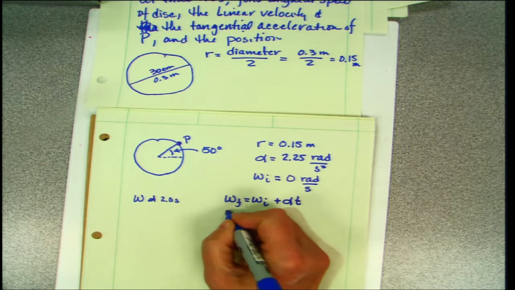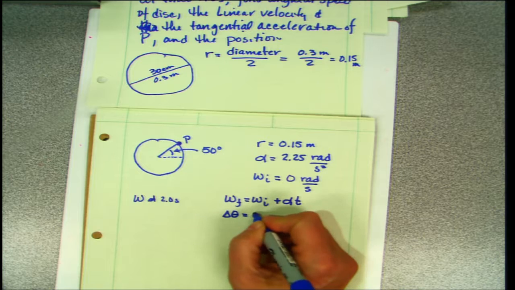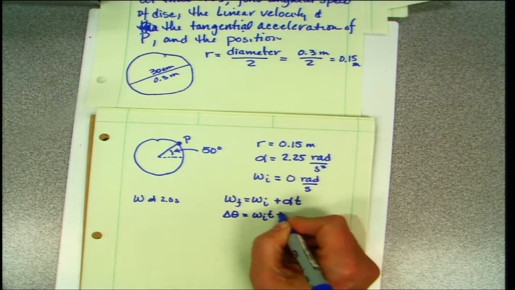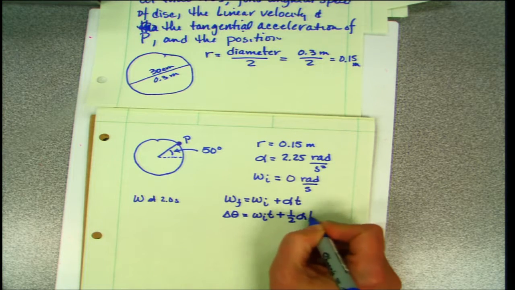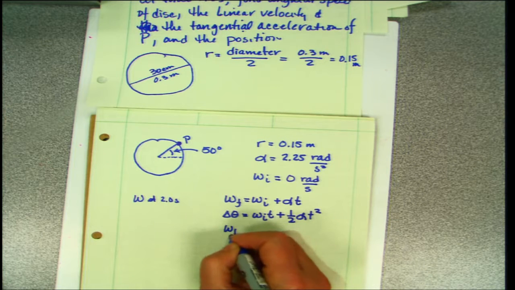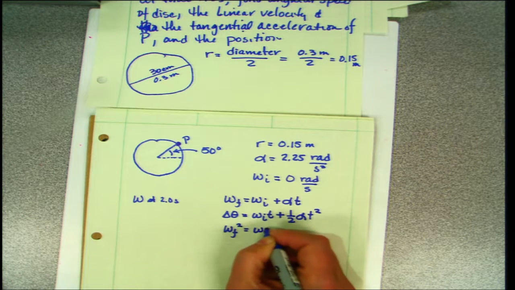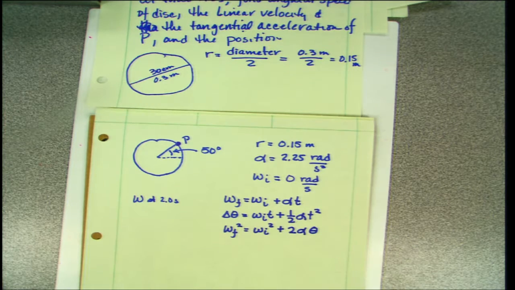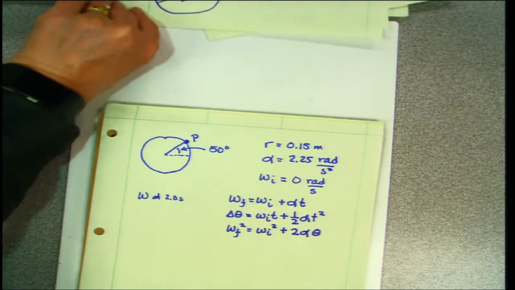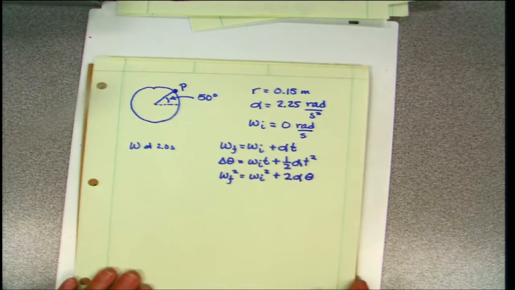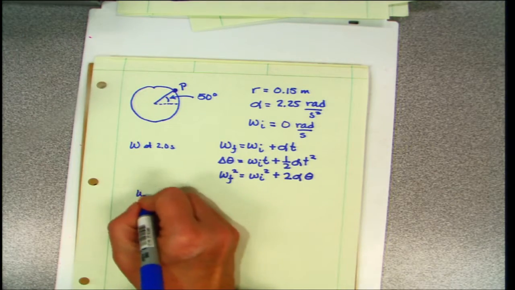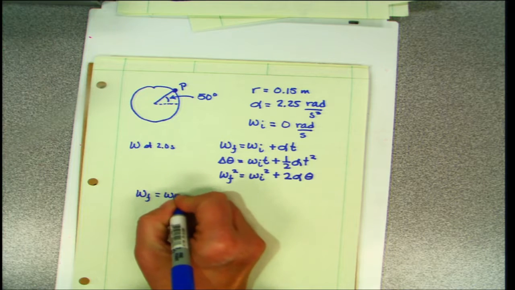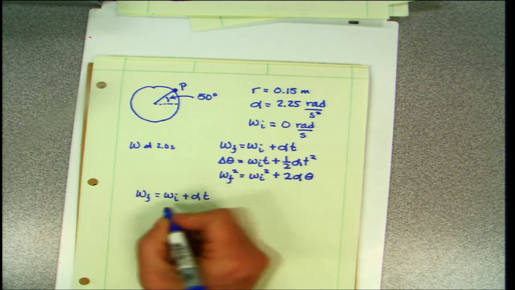There's my toolkit. So start with the easy one. Omega final is equal to omega initial plus alpha times t. This is 0. We have 2.25 radians per second squared, and we want to find it at 2 seconds. If I put that into the calculator, I get 4.5 radians per second.